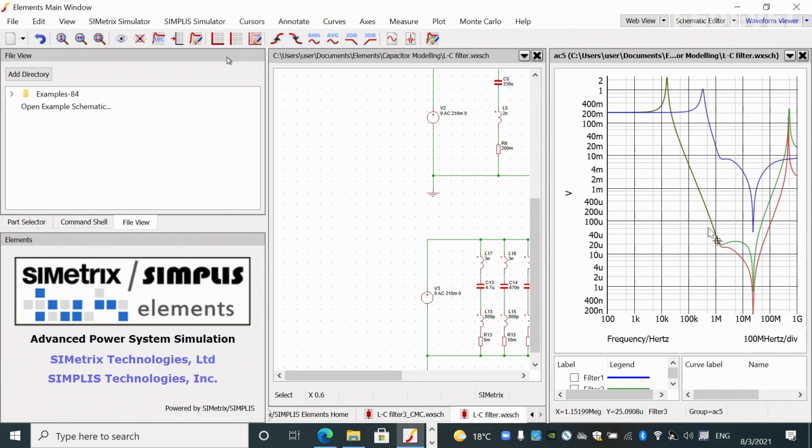The green one is our LC filter, as we showed before. We can see the LC filter has a big attenuation from low frequency to 100 megahertz. But you can see the added capacitance only improved a little bit, really a little bit.